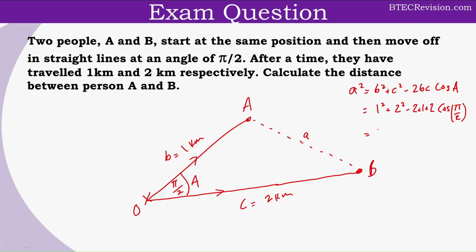And this gives us a value of 5, and that's a squared. So square rooting would give us our final answer of a is equal to square root of 5 kilometers. Or we can write this as 2.24 kilometers to three significant figures.